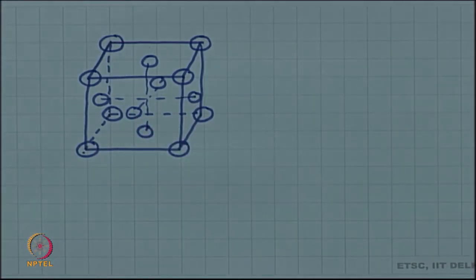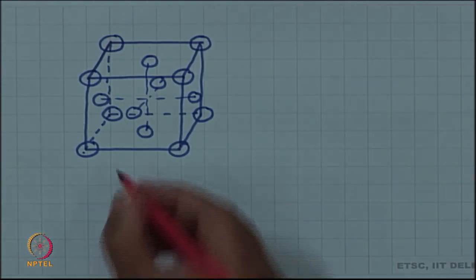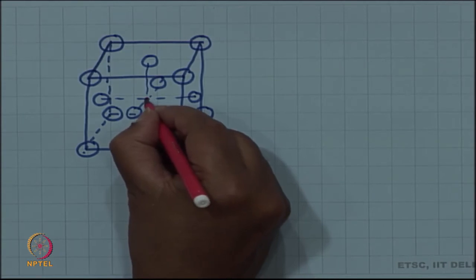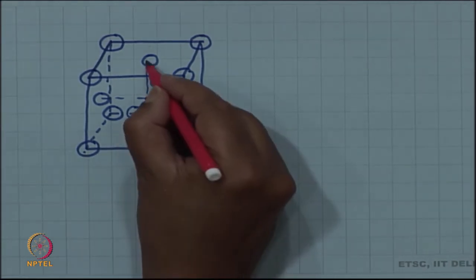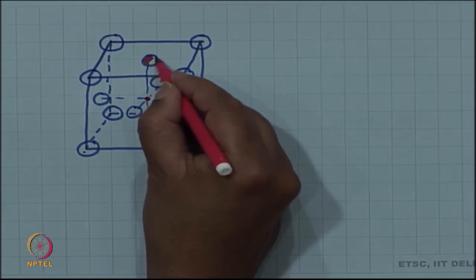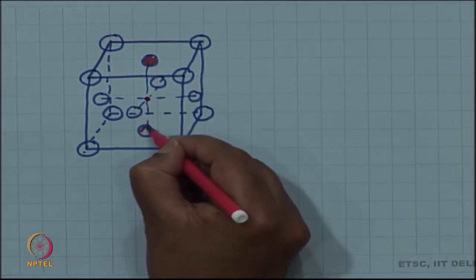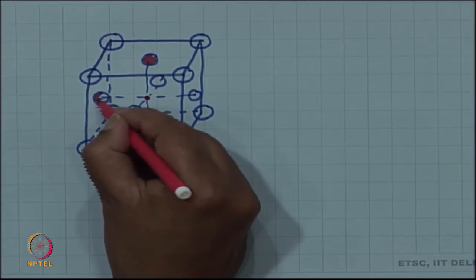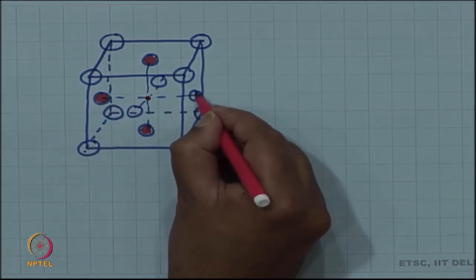So, if you look at this, the octahedral void is located right in the center of the cube, because these 6 face center atoms are the 6 corners of an octahedron.